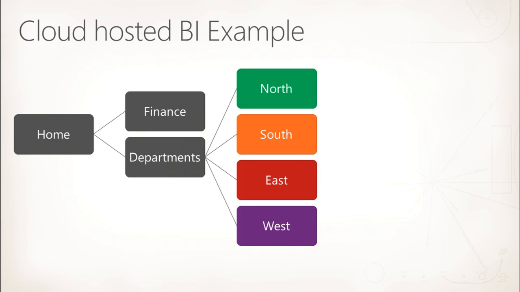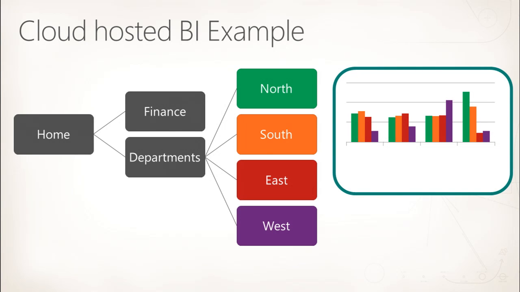Here's the example that I have that we're going to go through a demo on, which illustrates such a scenario. In my scenario, imagine that you have this structure that lays out the site, sub-site hierarchy in your SharePoint environment. You've got the home site, you've got a site for the finance department, you've got other departments inside of it that are operational, and they are geographically created for your north, south, east and west division in your company.